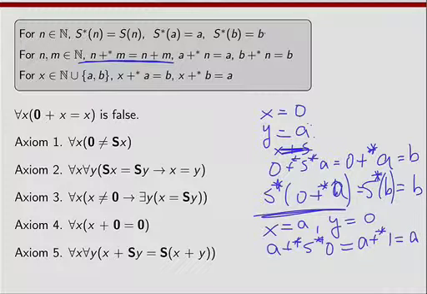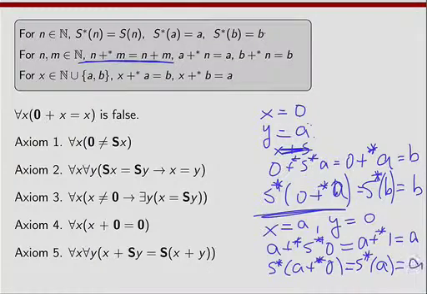Now let's see what happens if we do successor star of, now x is a and y is 0. So this is going to be successor star of a plus star of 0, which is of course just a. And if you apply successor star of that, that's again equal to a.